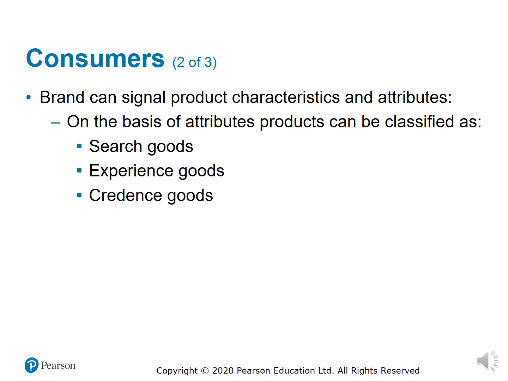And brands can signal product characteristic and attribute. On the basis of attribute, product can be classified as search good, experience good, credence good.